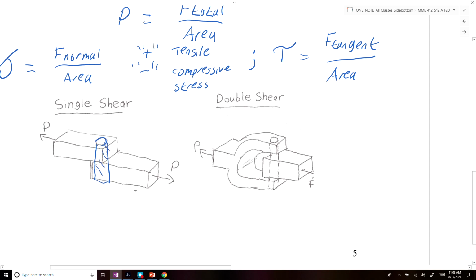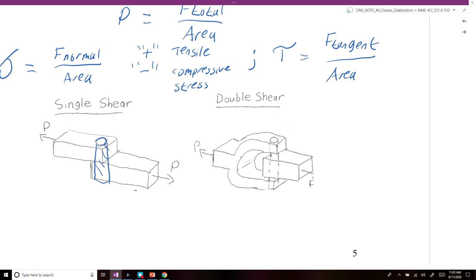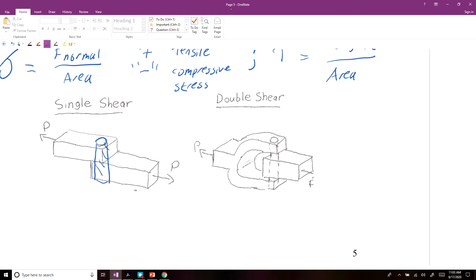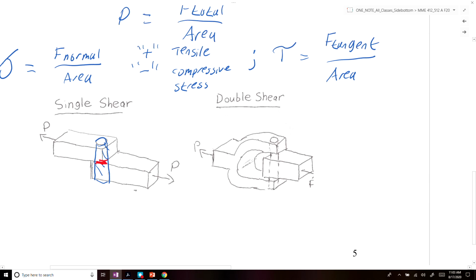At this surface in the middle of the pin, what ends up happening is our pin has a force being applied by one bar and another force being applied by the other bar, and we can say that the shear stress due to this force is tau equals F over A.